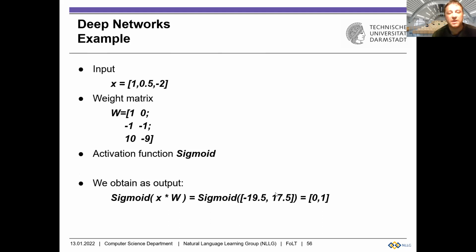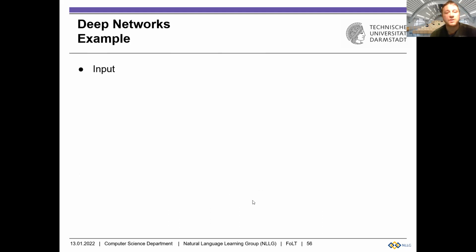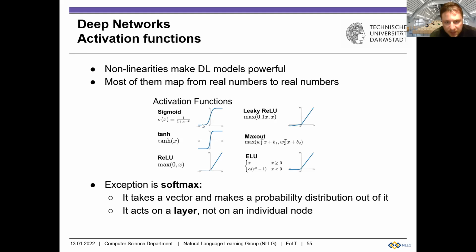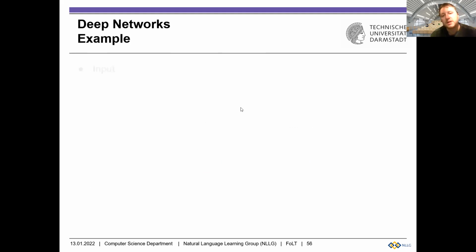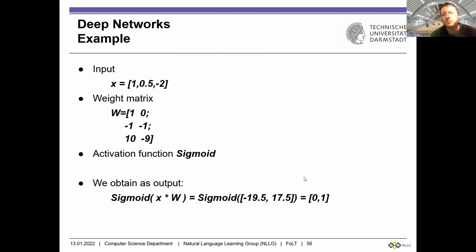The sigmoid is applied on each of the elements of the vector. And what is sigmoid of minus 19.5? Let's look here in the graph. Well, here's minus 10. It goes to minus 20. It's very, very close to 0. And if we go to 17.5, that's going to be very, very close to 1. So for simplicity, I do some rounding here, and the output of our network would be 0, 1.